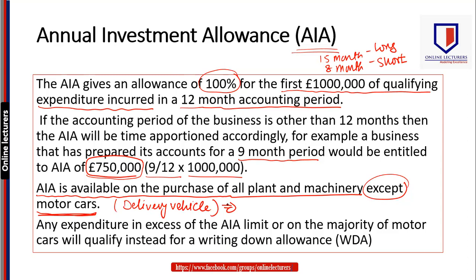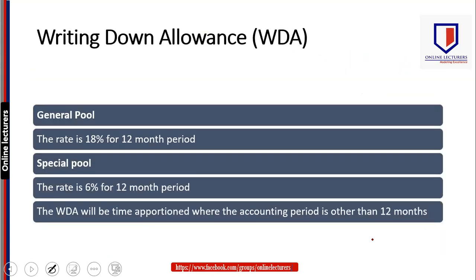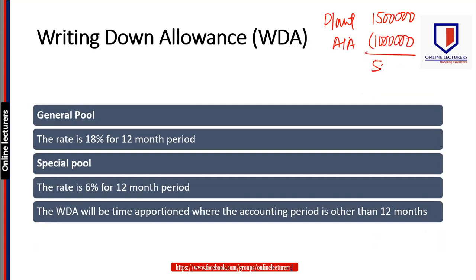After claiming the annual investment allowance, any expenditure in excess of that will qualify for a written down allowance. And you have to see accordingly in which column we have to transfer the remaining value. For example, suppose we have purchased a plant at a cost of, say, 1.5 million. Immediately we can get 1 million of annual allowance, and the remaining 500,000 is eligible for the written down allowance.